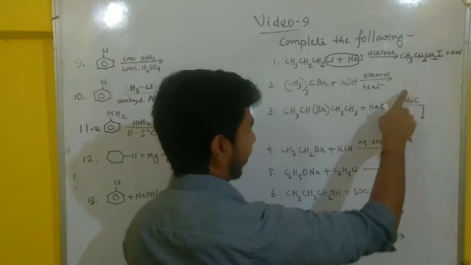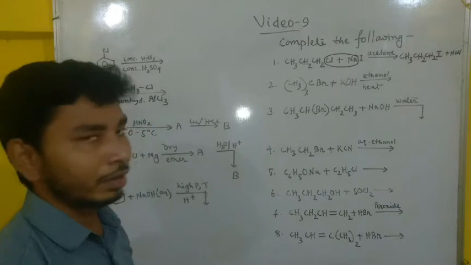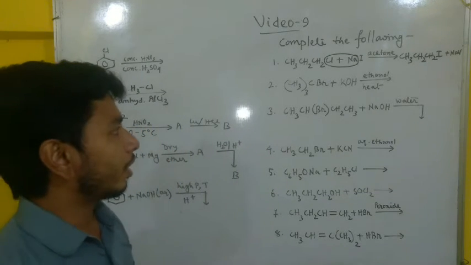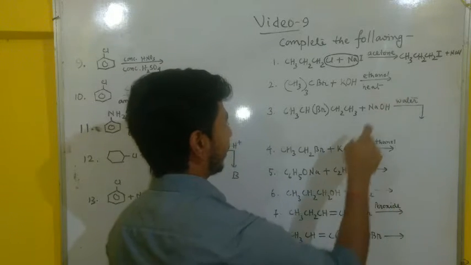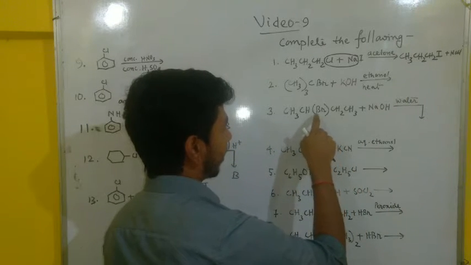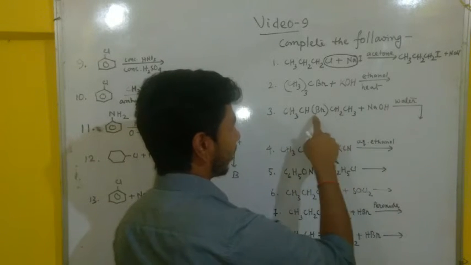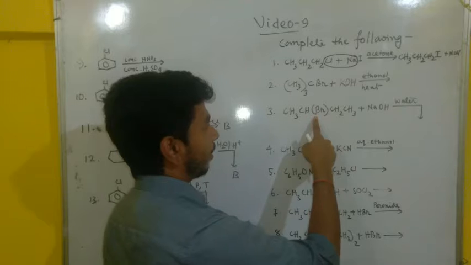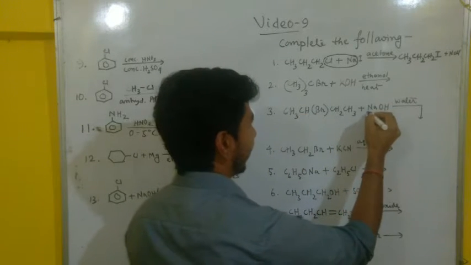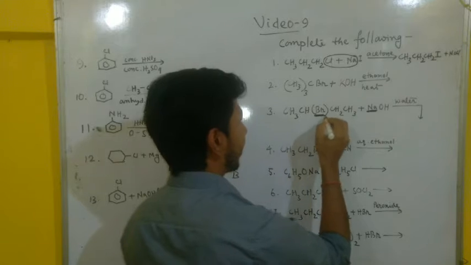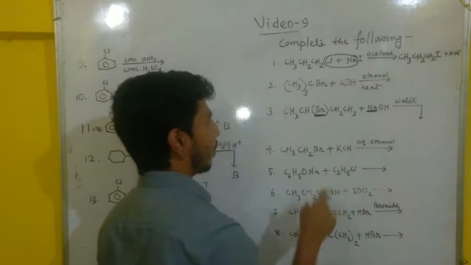NaOH with water. NaOH with water means it is aqueous NaOH, aqueous solution. A solution in water is called an aqueous solution. So what happens here? Here bromine, so Na and Br, NaBr will be removed. Now after CH it will be OH. So CH will be now connected with OH.